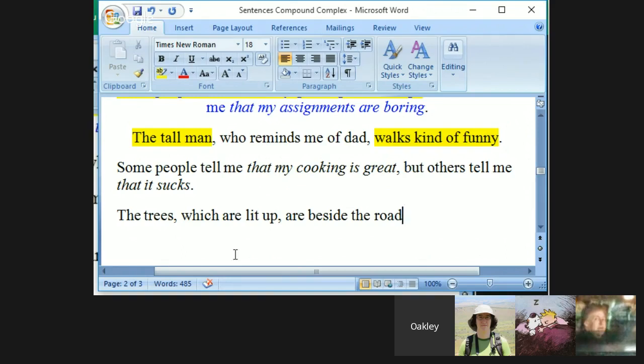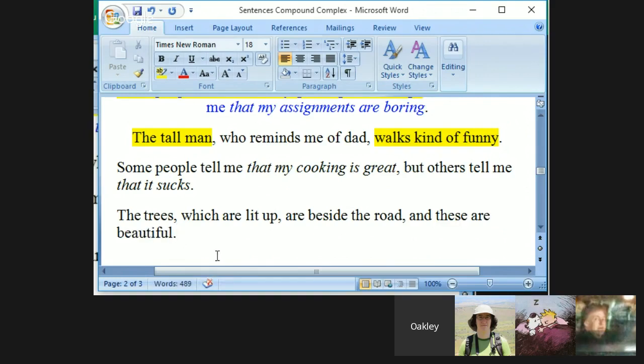Okay. Right now, so far we've got a complex sentence. All right, we've got one independent, one dependent clause. Can you add one more independent clause? Okay. These are beside the road, and these are beautiful.